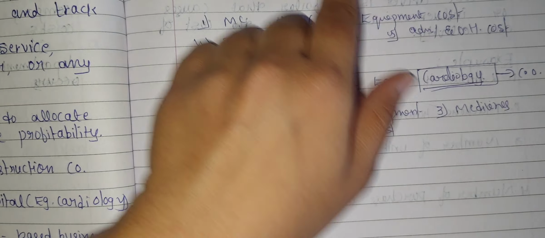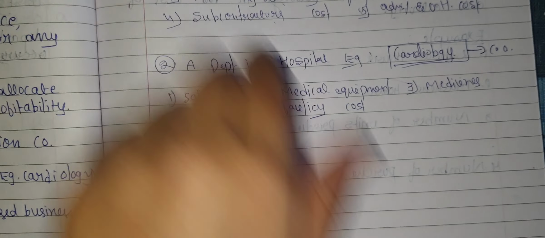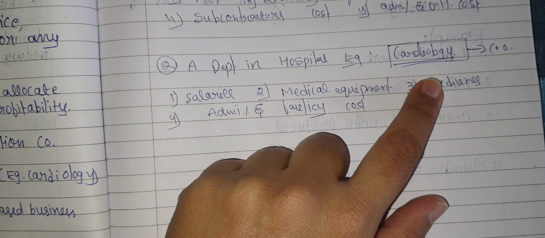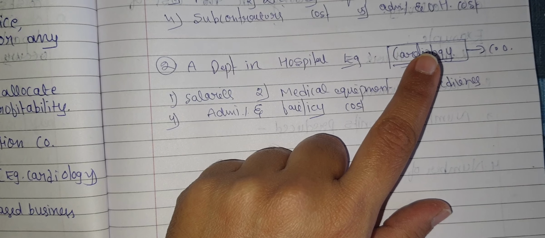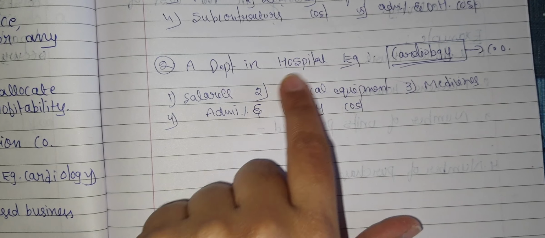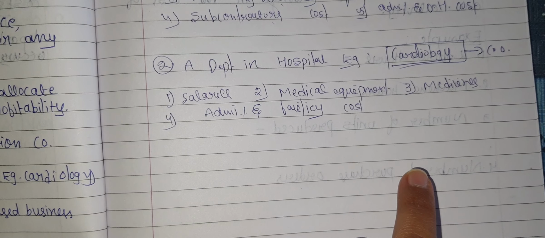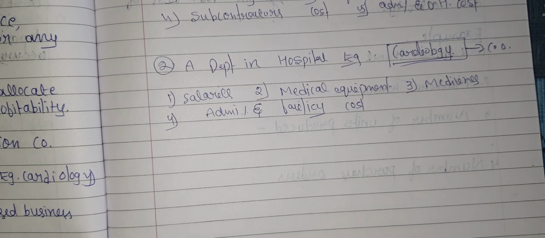Like the residential apartment complex, this department in a hospital, cardiology, is treated as a cost object, and we track all the costs and determine its profitability. This is the second example.